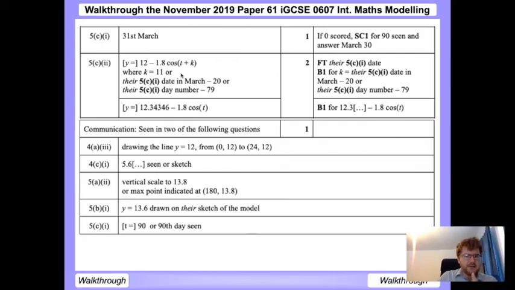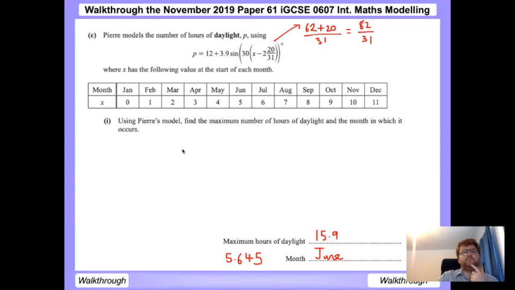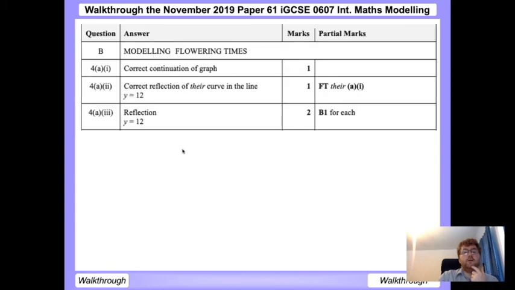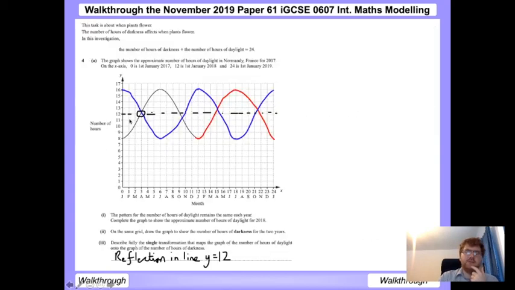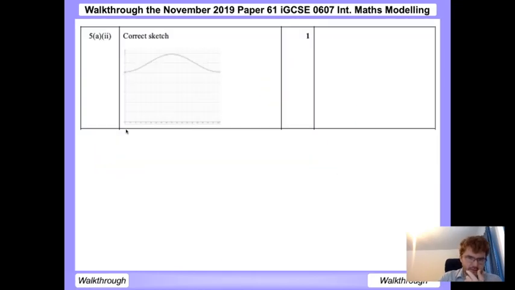Now, in terms of communication, on the old papers we used to get 1 mark for communication by doing 2 of the following things. So drawing the reflection line right back at the beginning. Drawing in this reflection line gives you a communication mark, so to speak.